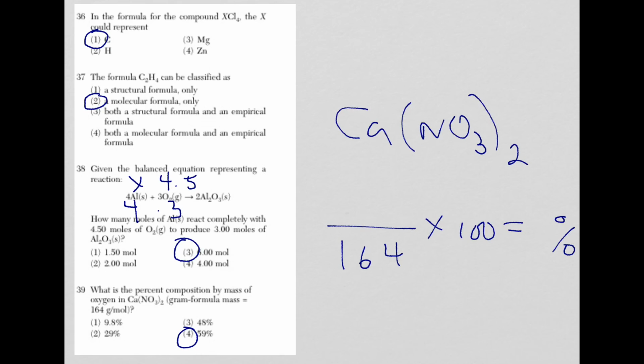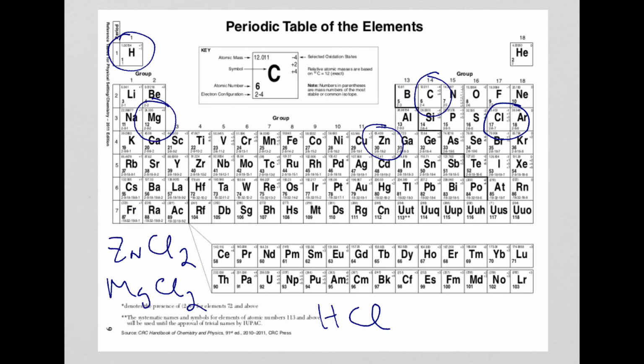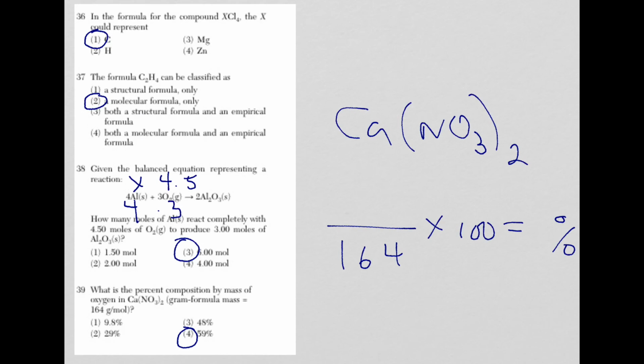I'm not going to just take 3 and multiply it by the gram formula mass of oxygen, which is essentially 16. I have to distribute the 2 outside the parentheses because it means 2 nitrates, and 3 times 2 is 6.